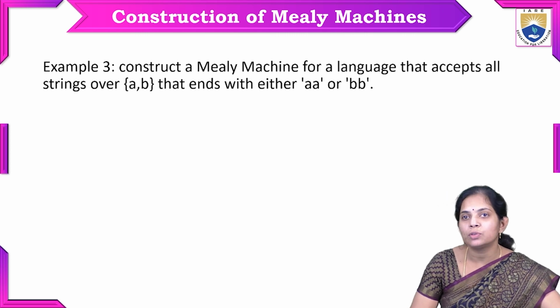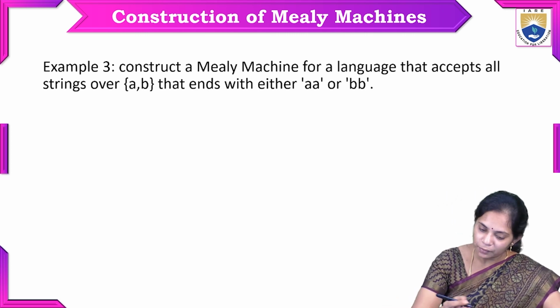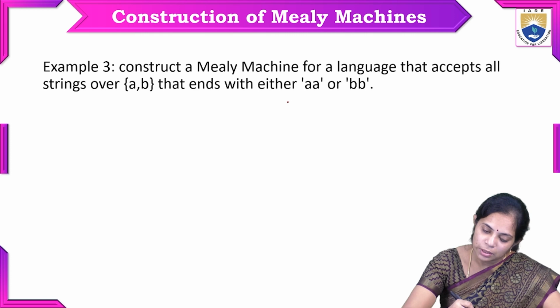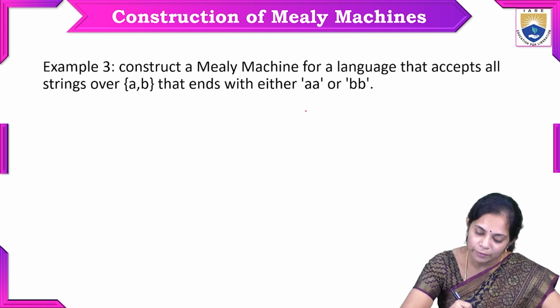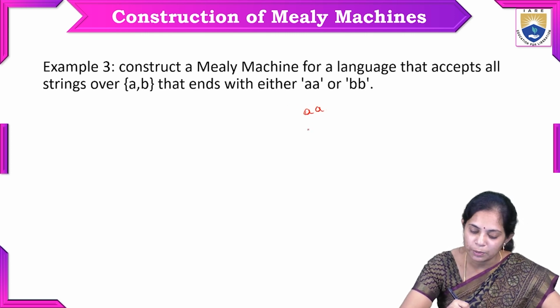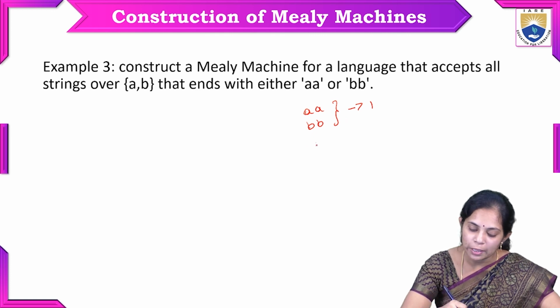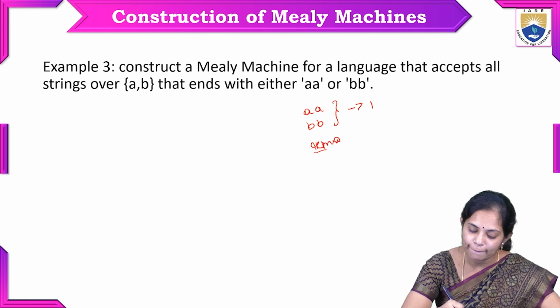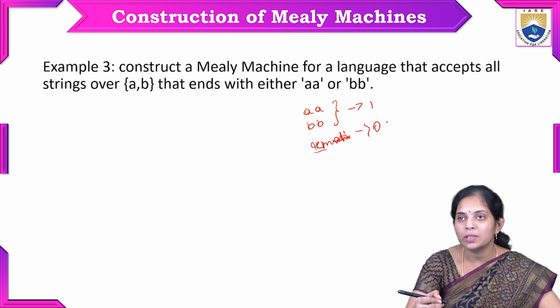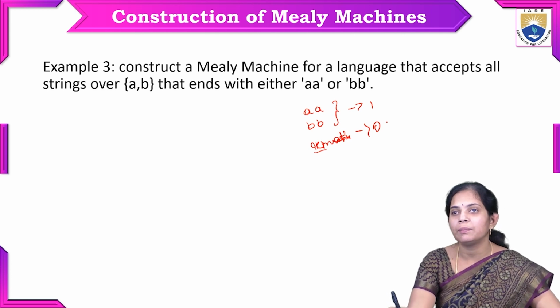Whenever the sequence aa or bb occurs in the input string, it has to print 1. For the remaining, it has to print 0. So this is the elaboration of this Mealy machine.